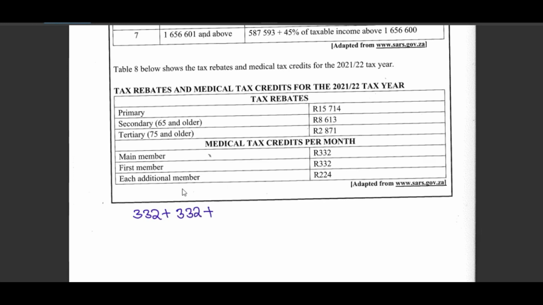The rest will pay 224 each. So the main member himself, the wife, and the first child, the second child. This is the same as 664 plus 448.